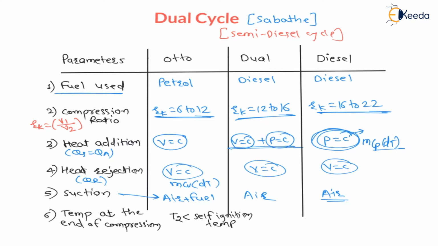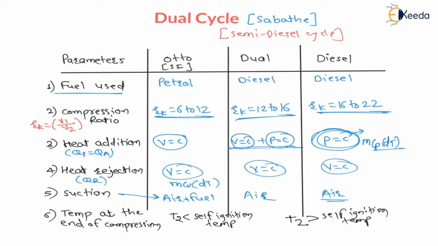Therefore, in the case of the petrol cycle or Otto cycle, we need to use a spark plug for the ignition. Therefore, the Otto cycle is also called the spark ignition engine, SI engine or SI cycle. For the dual as well as diesel cycle, the temperature at the end of compression T2 is more than the self ignition temperature of the fuel.